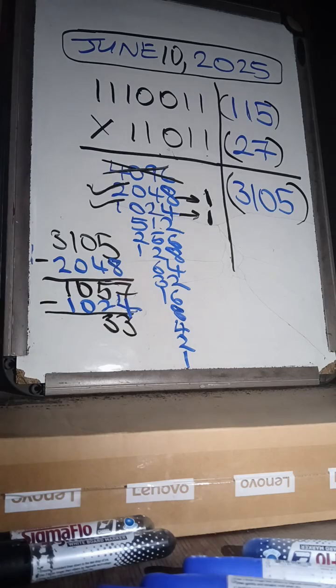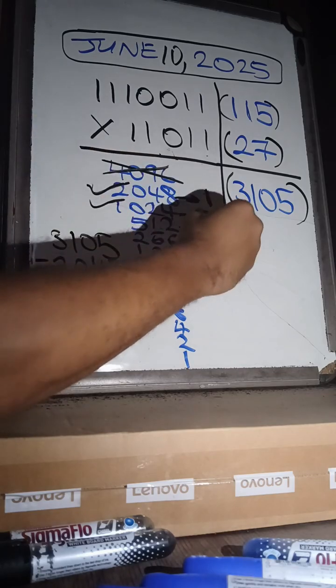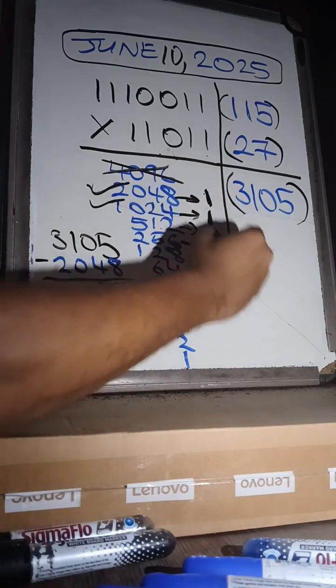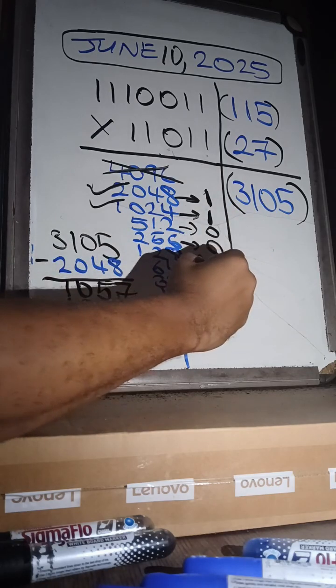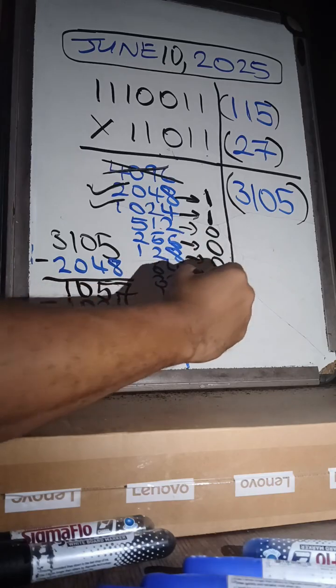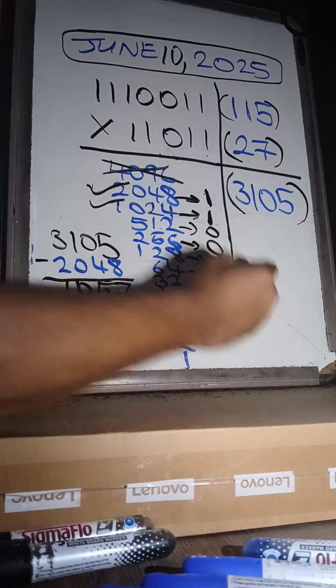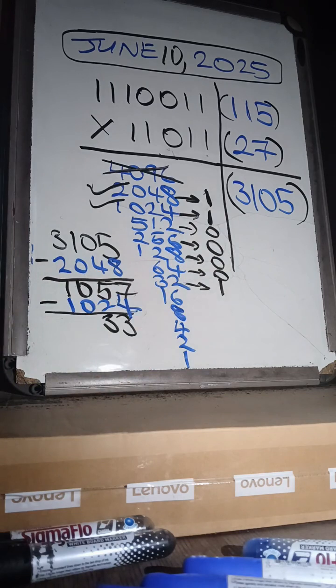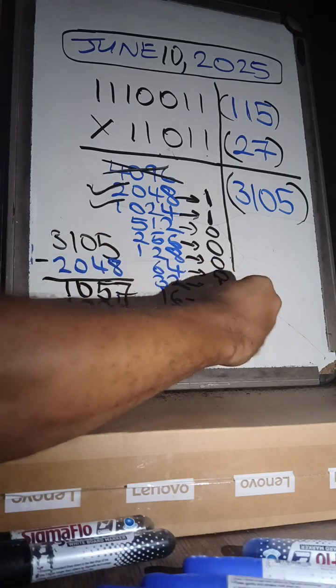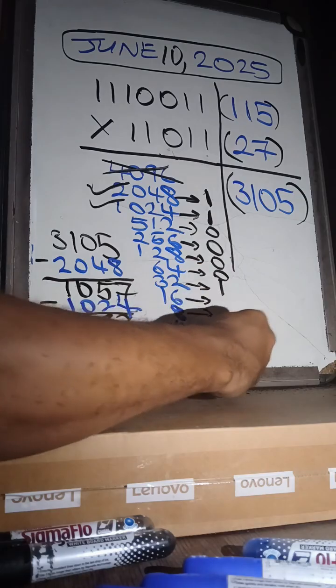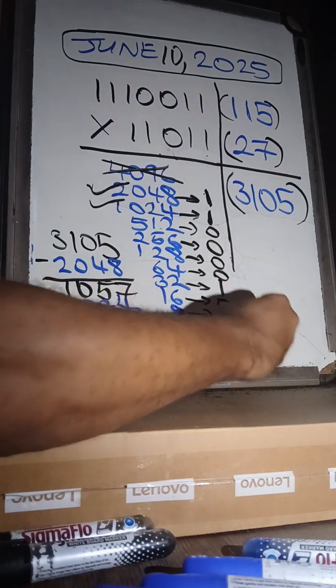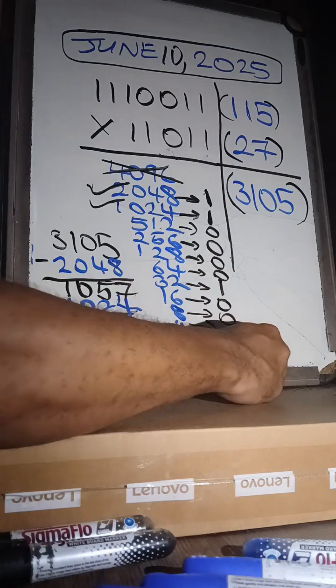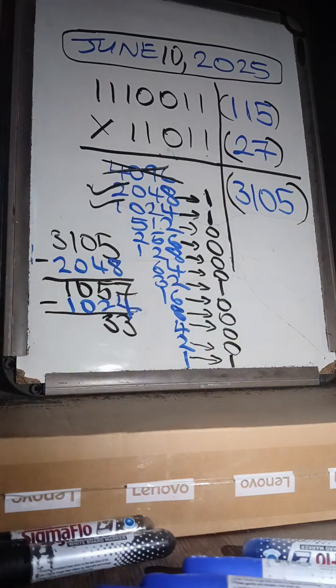Alright, so that means we have a 0 here, 0 here, 0 here, 0 here, but we're going to use 32. And now, it's obvious that if you take 32 from that, you're just left with a 1. So that means you have 0, 0, 0, 0, and that 1 at last.